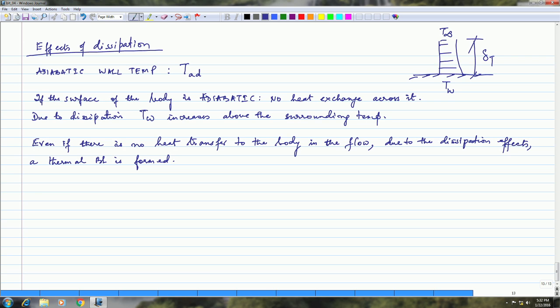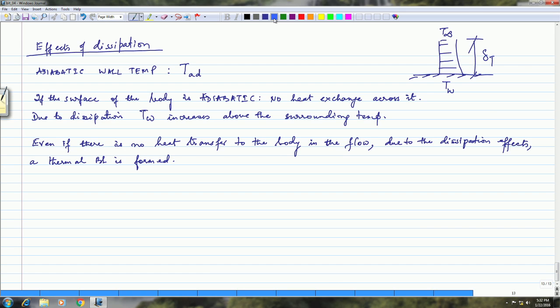So now let us do a little bit of math, because all this was understanding. How do I get an account of this? So we'll do a little bit of math and see. Now at the surface of an adiabatic body, we'll define a temperature field.